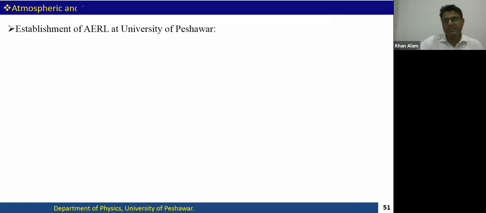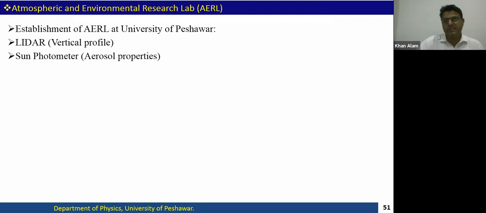So now we are establishing an atmospheric and environmental research laboratory with the support of Bacha Khan University. So in future, we will have a wide range of ground sensor data like Lidar and Sunphotometer.